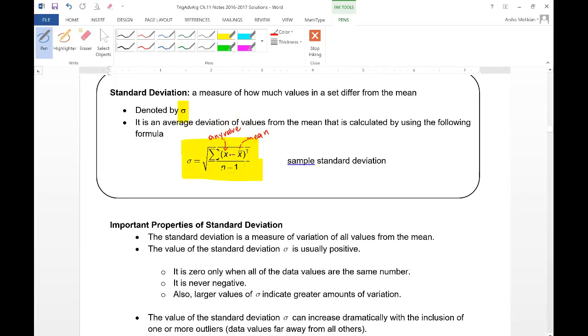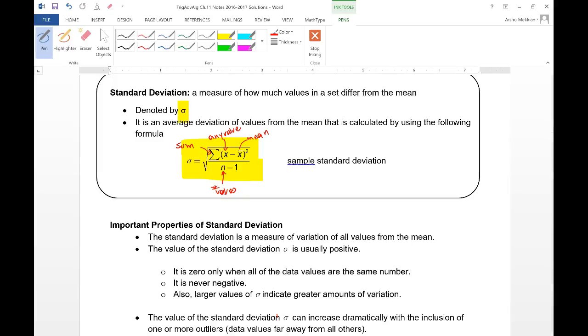So you take each of the values minus the mean. You add up all those numbers because you've got a sigma here. You divide it by n minus 1. What's n? Number of values. Oh yes, you square it first. Then you take a square root.